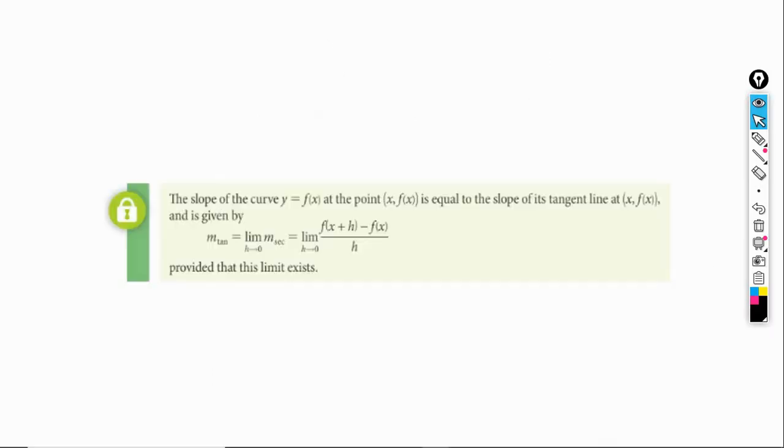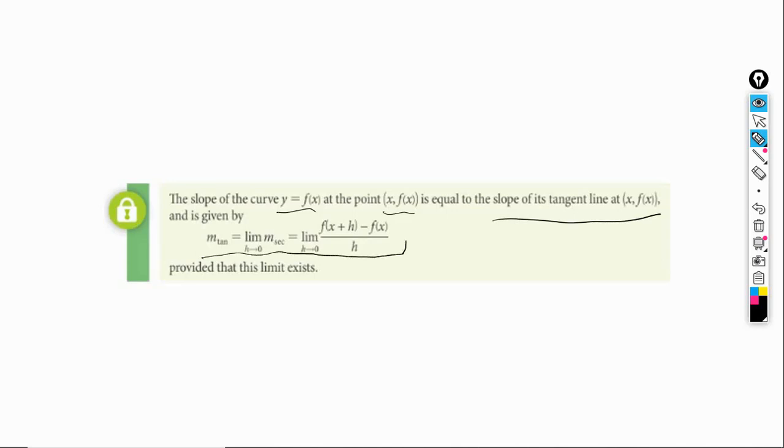So what we just saw before leads to this, which is the definition of a derivative. It says that the slope of the curve y equals f of x at the point x comma f of x is equal to the slope of its tangent line, and is given by this formula.